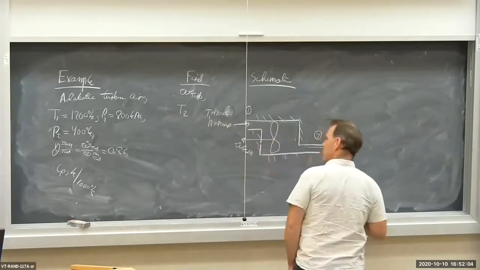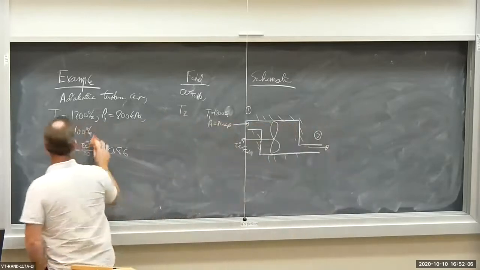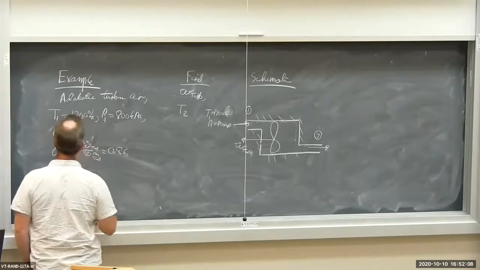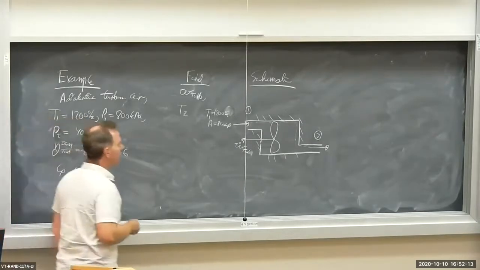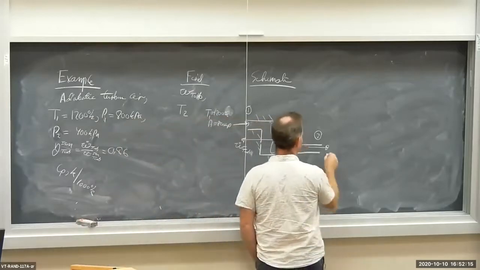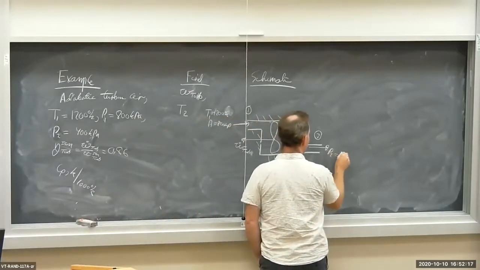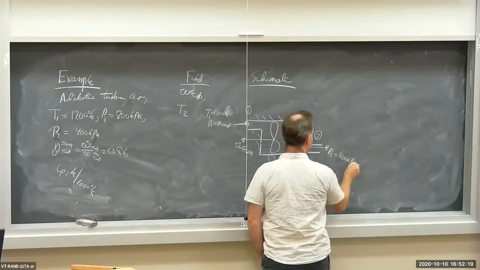And the outlet pressure is 400 kPa. So pressure falls as we go through the turbine. So P2 is 400 kPa.